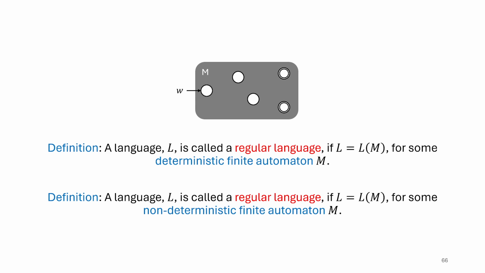Well, now we can redefine that using non-deterministic finite automata instead, saying effectively, if you can make an NFA or a DFA for any language, then that language is regular. So this gives us two tools now in our toolkit. If we want to prove a language is regular, we can either build a DFA for it, but if that seems a little bit hard, we can design an NFA for it as well.